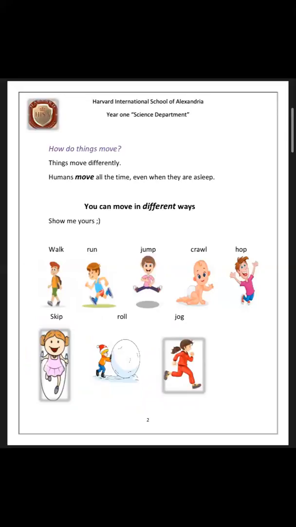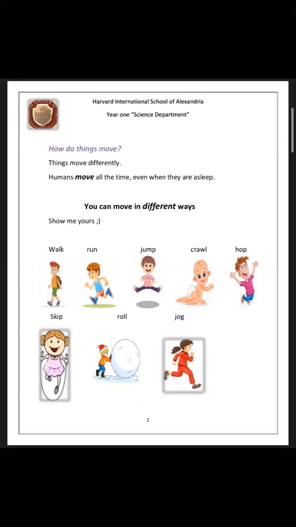Okay, now let's do something fun. I want you, all of you, to stand up and go to a free space where there is nothing around you, you're not even close to anything, and do exactly as I say. These are some different ways of movement we can move in.